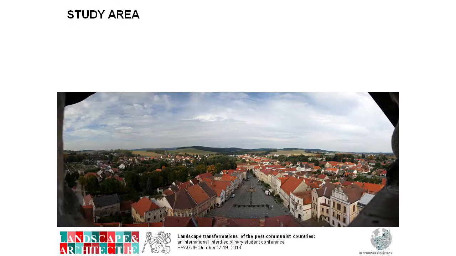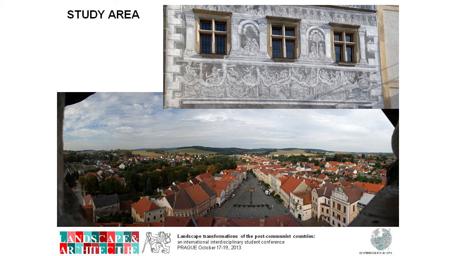So this is a picture of the town of Slavonice. The center is based on the medieval structure, but the buildings are from the Renaissance. You can find really nice and original graffiti there, and the whole town has a really rich history.